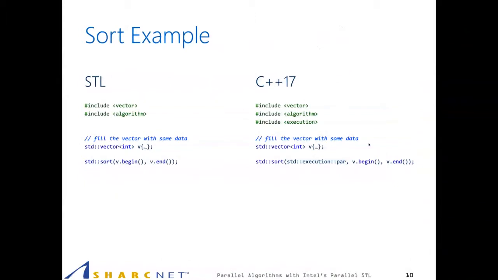So how can you port your current non-parallel algorithm to a C++17 execution policy and enjoy the parallel version? The only changes, for example, here is the sort example.